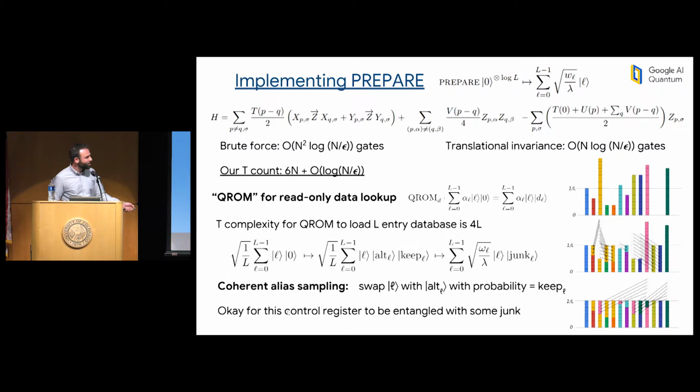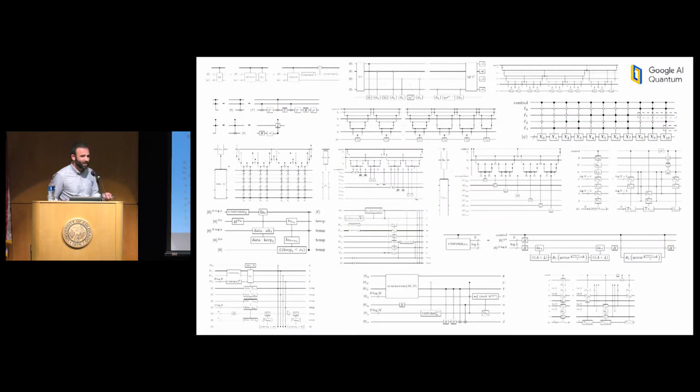But it's associated with two values: the orange one is alt-L and the red one is L. And the probability, or the keep-L, is just the ratio of the colors here. And that all works out, and it gives us the fact that these log factors are additive, which is quite nice, because we need very high precision.